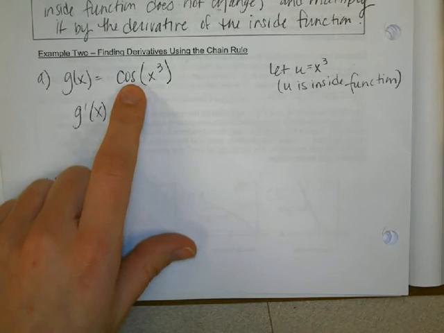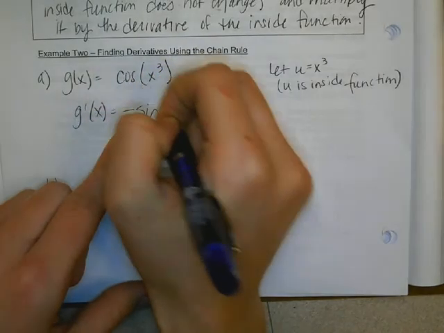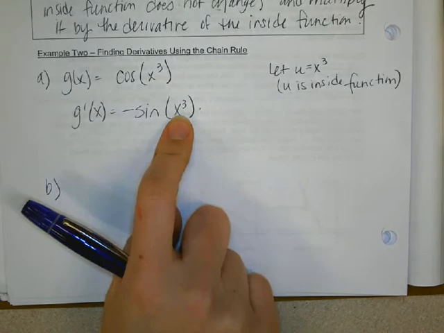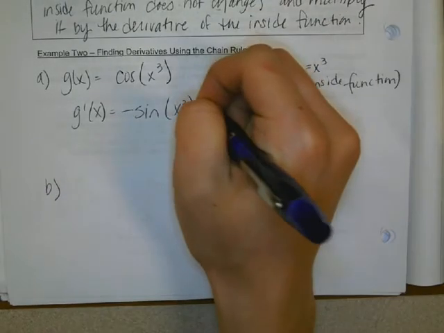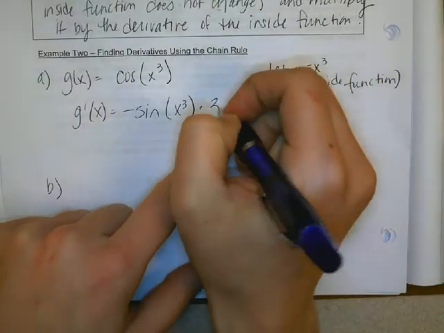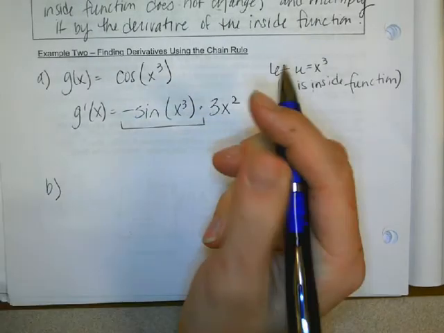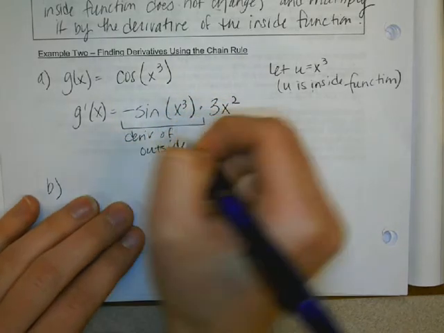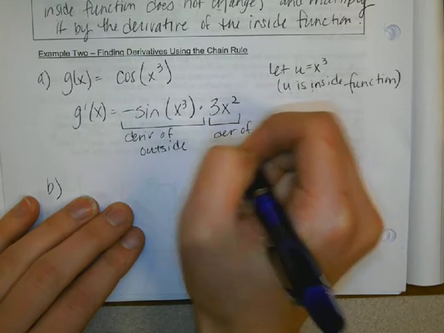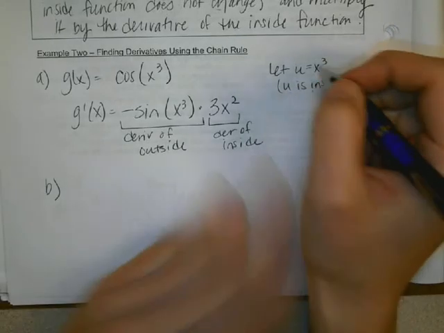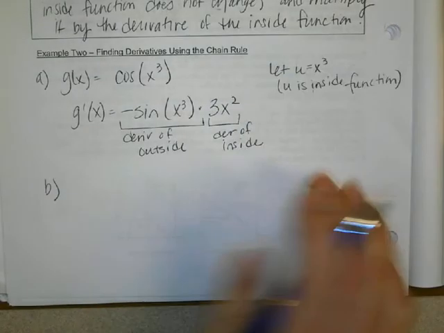So the outside function here is that cosine. The derivative of cosine is negative sine. So you take the derivative of the outside function. Notice my argument does not change yet. And then I chain on, or attach by multiplying, the derivative of the inside function. So the derivative of the inside function is 3x squared. Okay, so that piece there is the derivative of the outside, and this is the derivative of the inside.